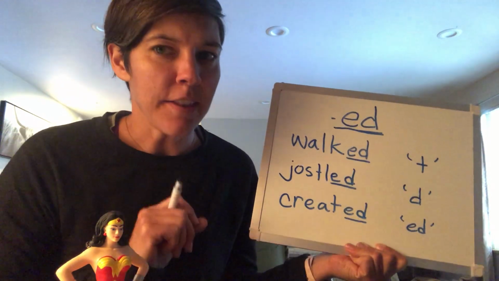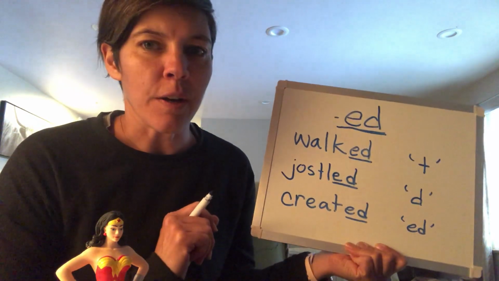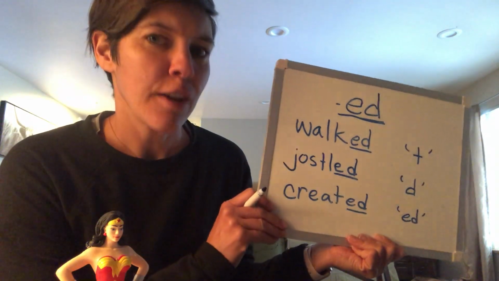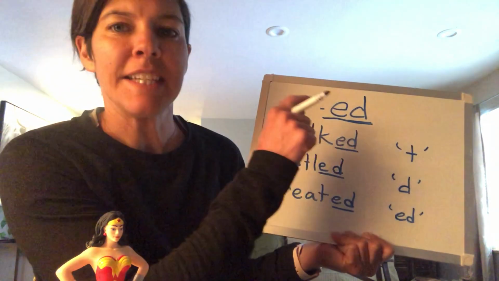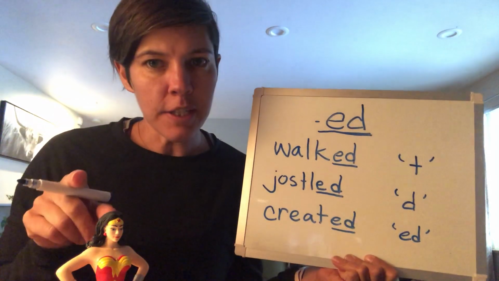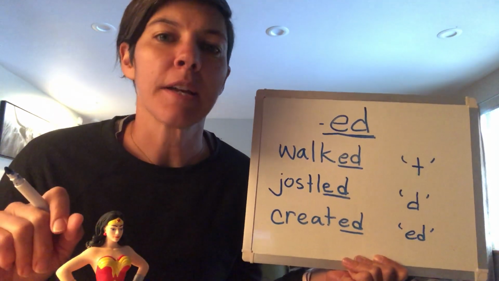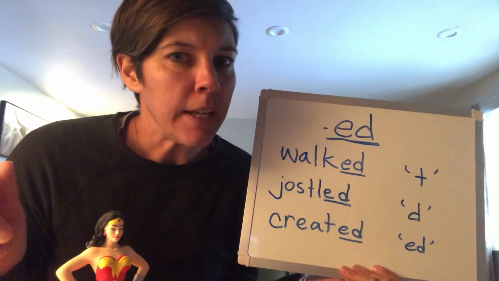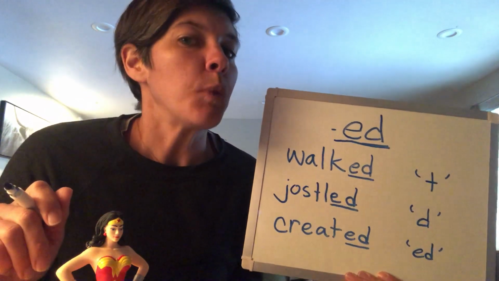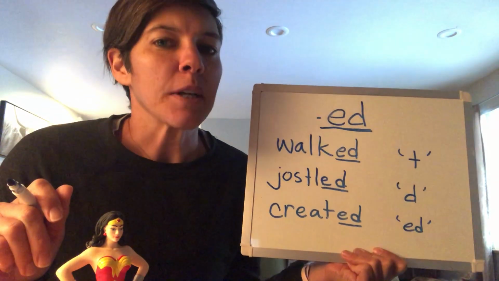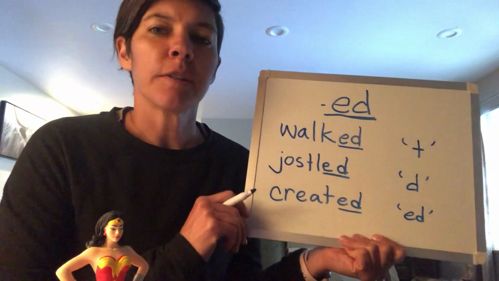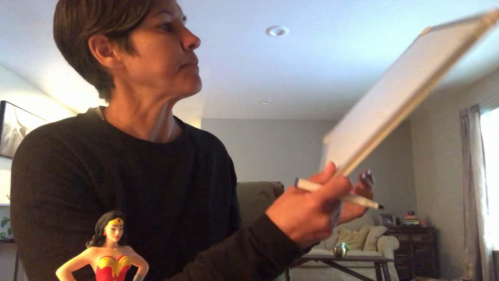Okay, so now that you've got that, we're going to go on a hunt for verbs that end in ed. The way you're going to do this is you're going to find a book. Maybe it's a book that you're already reading, or maybe it's another book that you want to read, but you're going to find a book that you can read, and you're going to look for ed words.